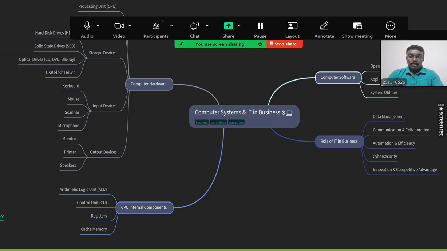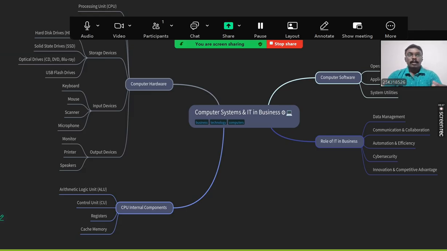The next one is output devices. Output devices are what show us the results of instructions, like the monitor, which displays visual information generated by the computer. The printer gives a physical hard copy of electronic documents.